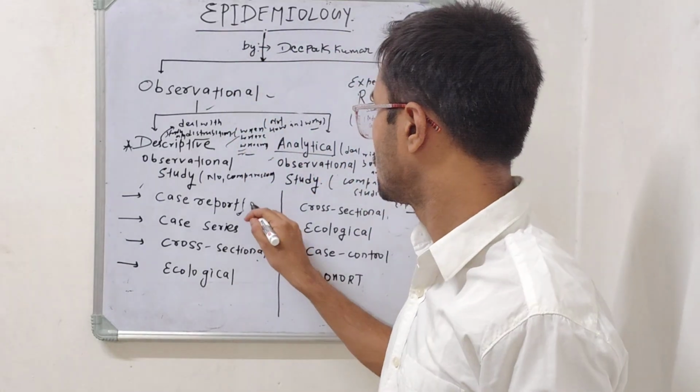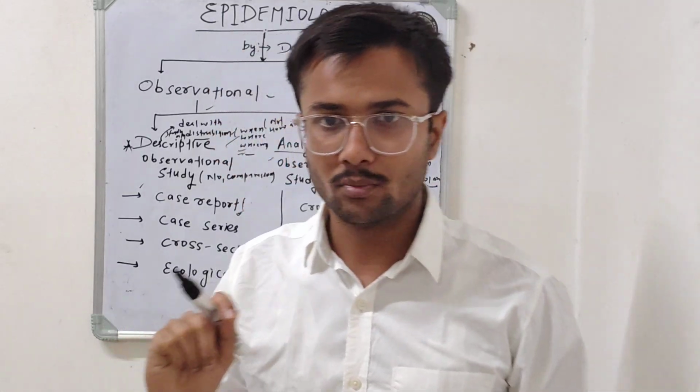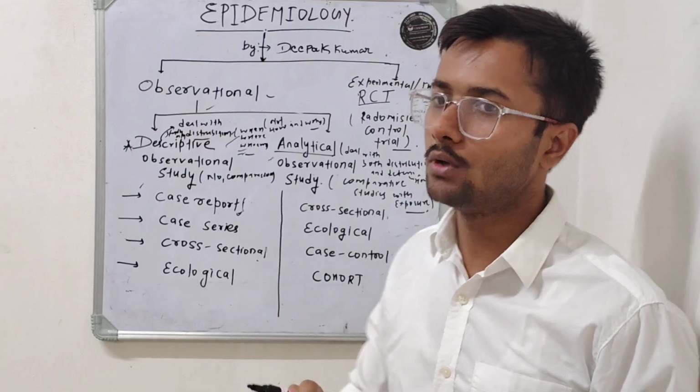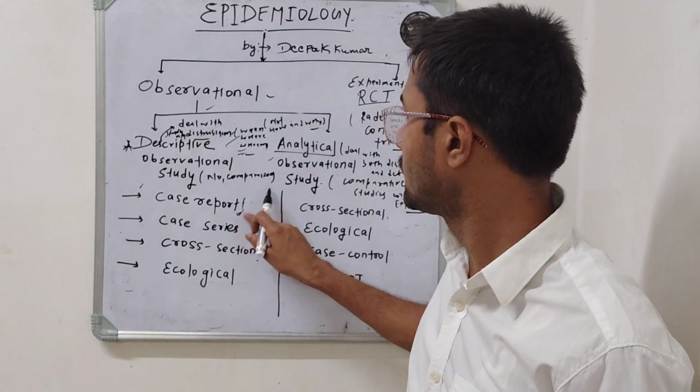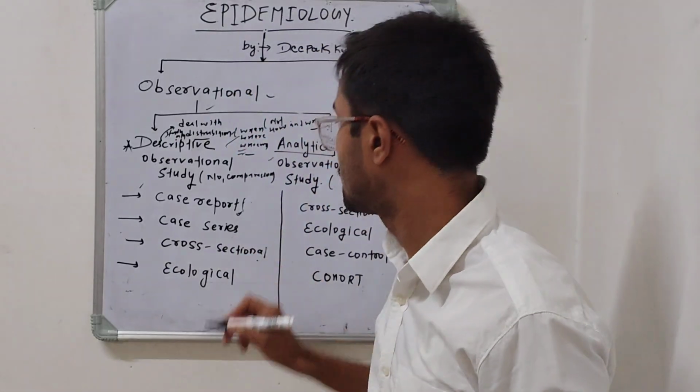So what is the specific feature of this case report? It is an observational study done on a single patient. So when we do an observational study in a single patient, it is called a case report. What is the meaning of case series?